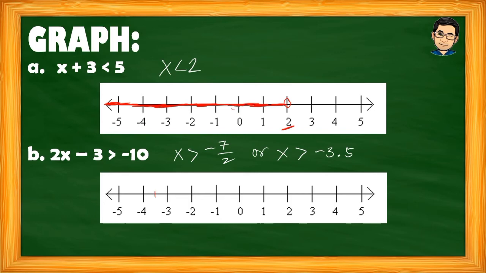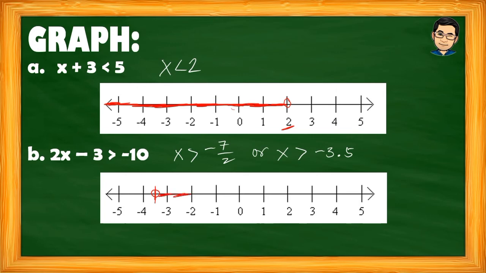Ayan. So, drawing tayo dito ng open dot pa rin. And then, since yung inequality symbol natin is greater than, so left side ba o right side ng negative 3.5 ang guguhitan natin? Syempre po, yung nasa right side, it's because greater than.